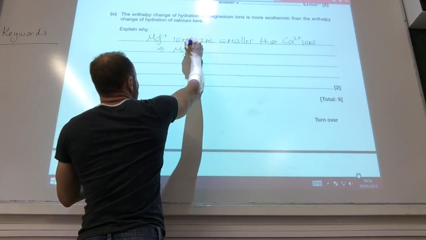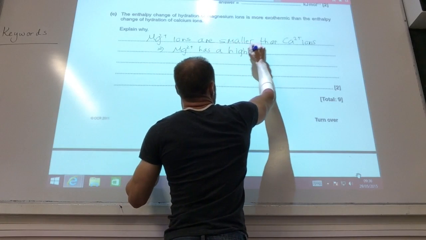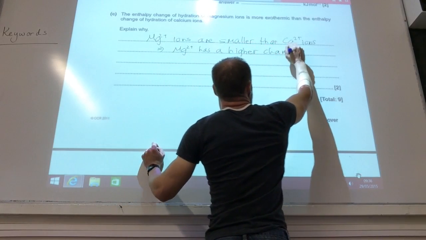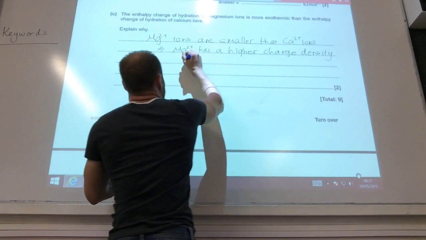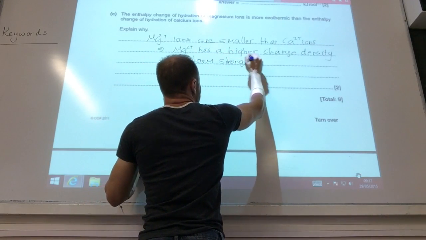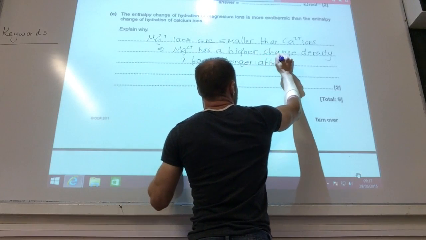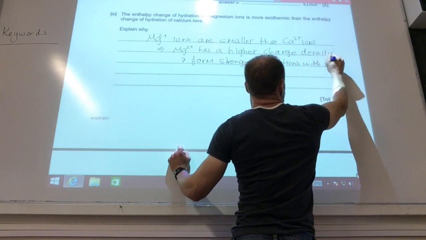Therefore, Mg2+ have a higher charge density and form stronger attractions with water.